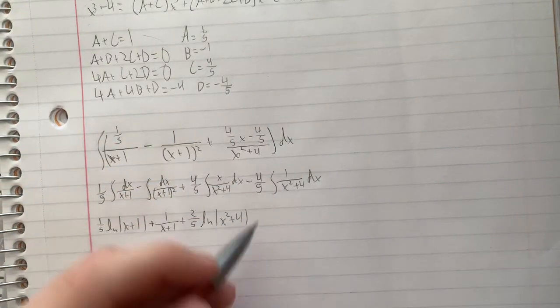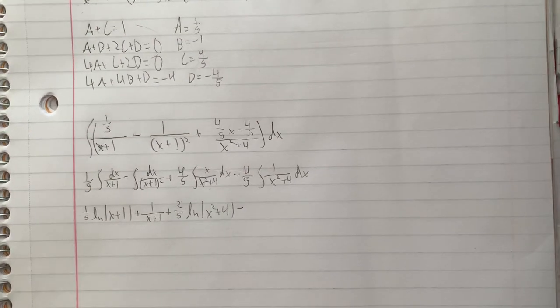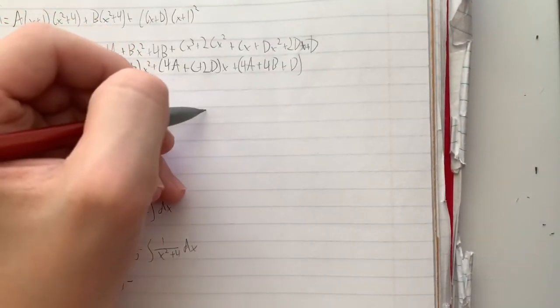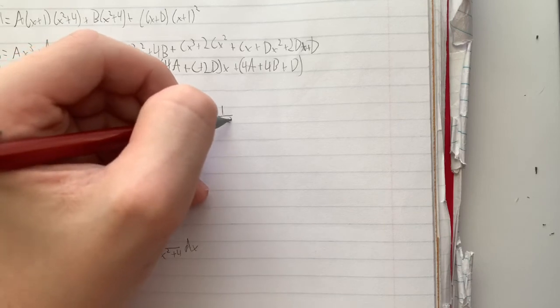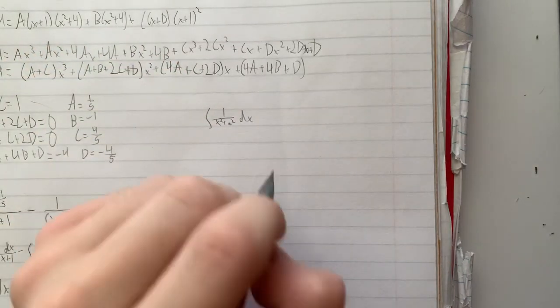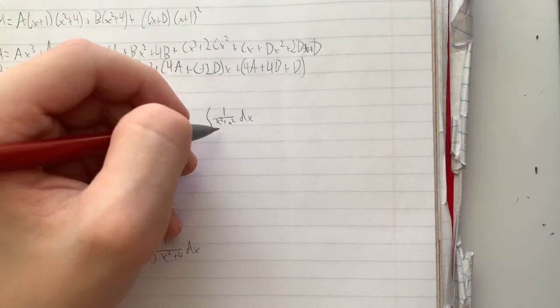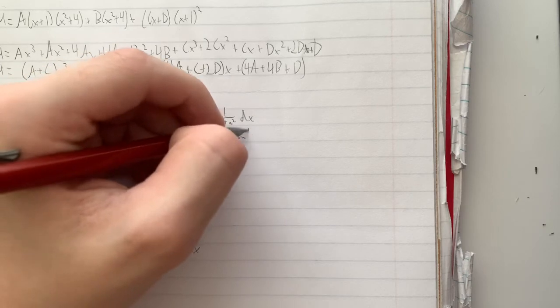And then finally this one. This one we're going to have to go back a little bit to trig sub and figure out a very important identity when doing partial fraction decomposition. If we have the integral of 1 over x squared plus a squared dx, there's no square root here, but we're still going to use trig sub. This looks like tangent, so we're going to let x equal a tangent of theta.